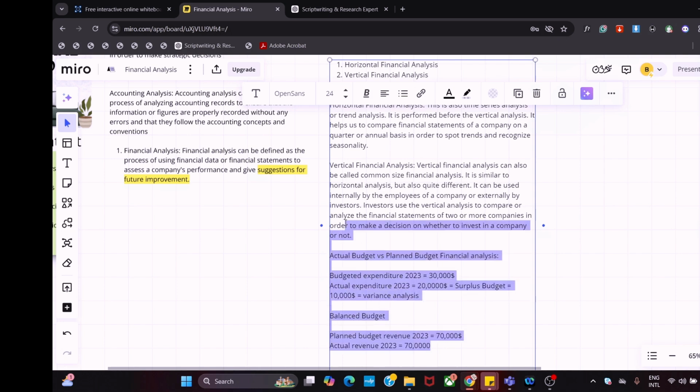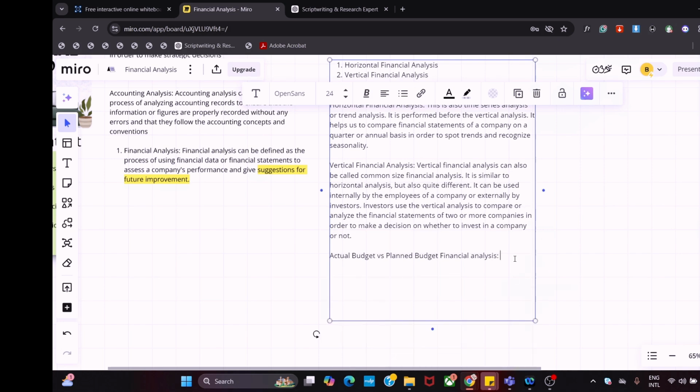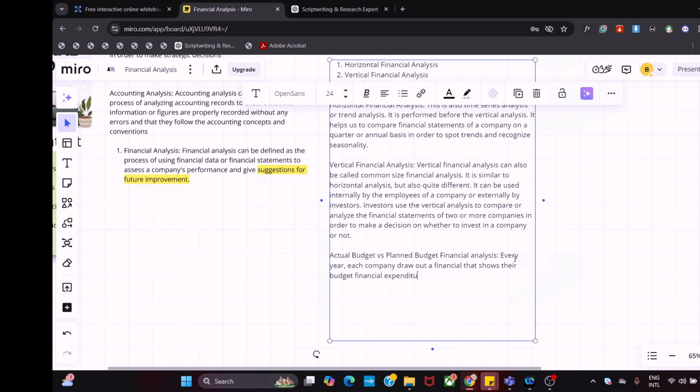So let's go ahead and take a note. Each organization, each company, draws out a financial plan that shows the projected financial expenses, income, assets, and liabilities.